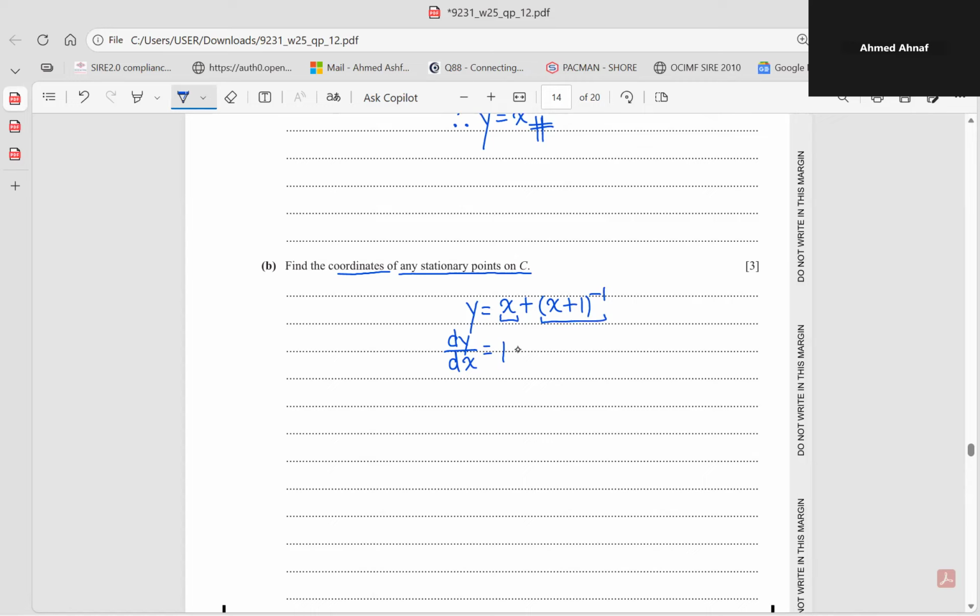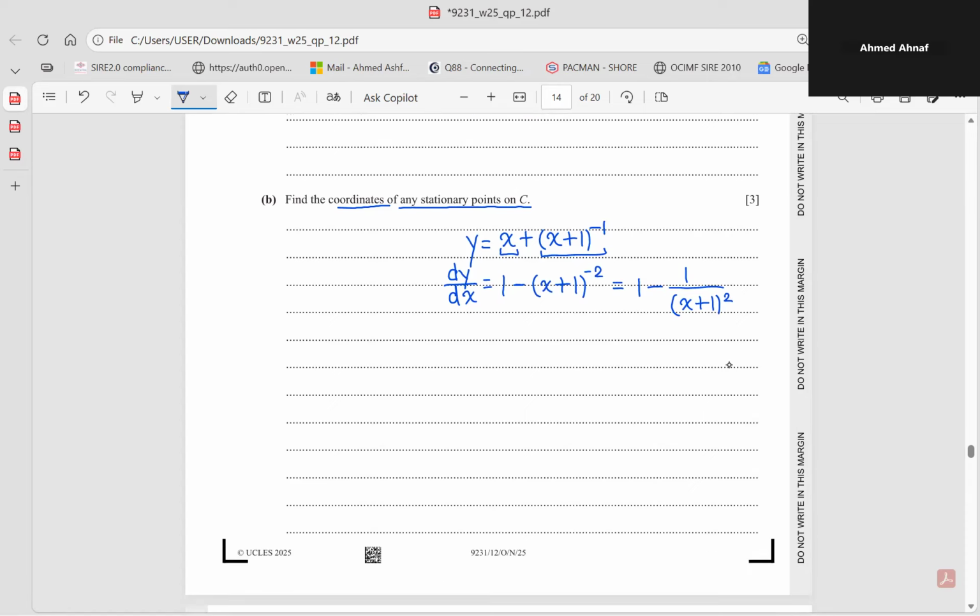You bring down the power, so minus (x plus 1) to the power of negative 2, divided by the derivative of the inner function, which is just 1. So this is just 1 minus 1 over (x plus 1) squared.